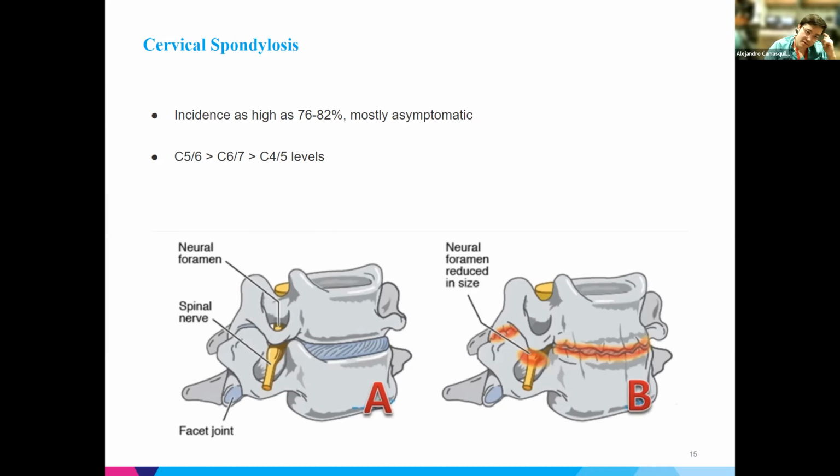However, it's mostly asymptomatic, and it happens most commonly at C5-6, then C6-7, and C4-5 levels, but it can happen anywhere in the cervical spine or the spinal axis. And it can lead to radiculopathies, myelopathies, or combined syndromes.